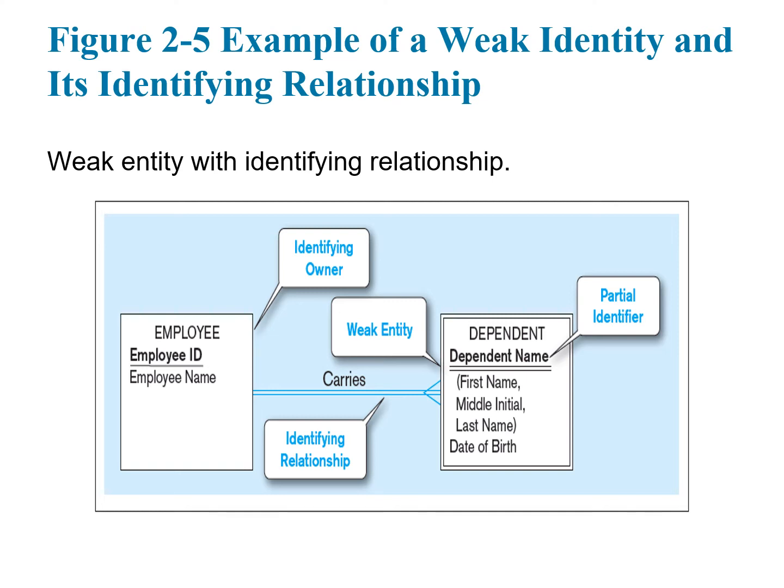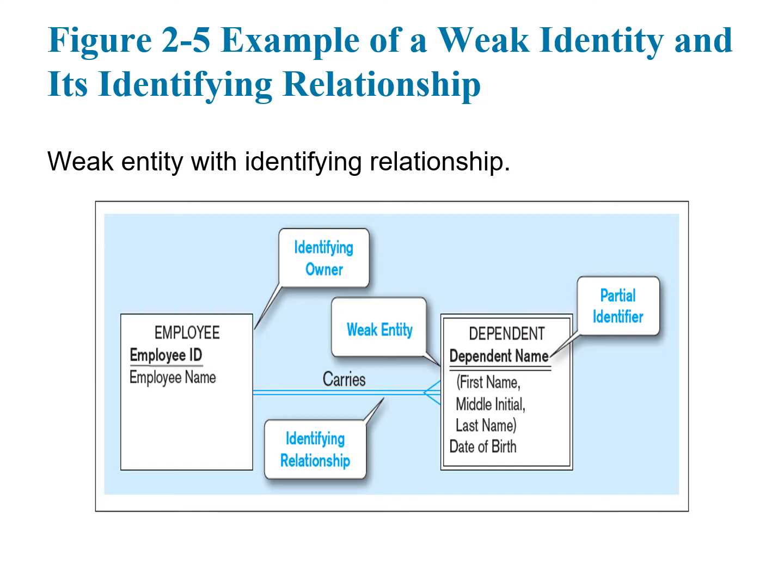So you can see the employee has a single line underline, and Employee ID is the identifier. But the double line rectangle and double underline are the partial identifier.